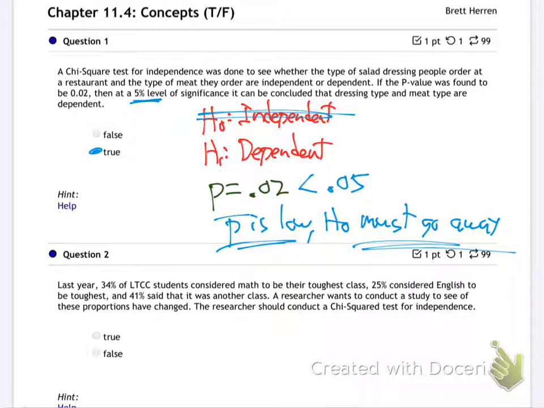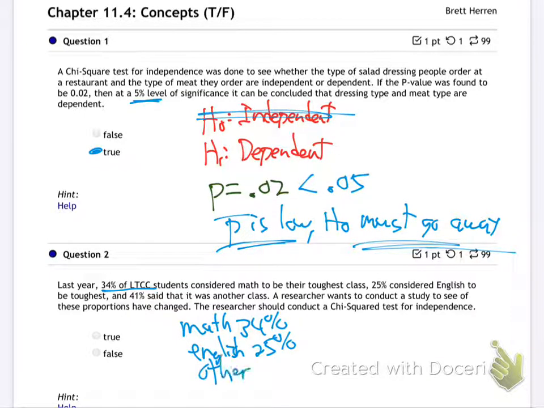They're saying 34% thought math. So they're saying math, 34% thought that was their hardest class. English, that was 25%. And other, that was 41%. Now then they want to see if later, if it's changed. Like that was a couple years ago or whatever.